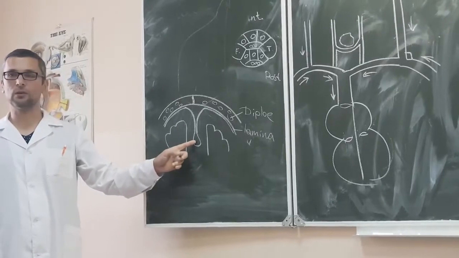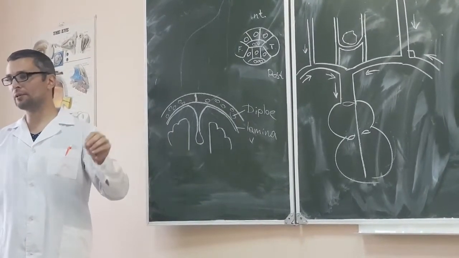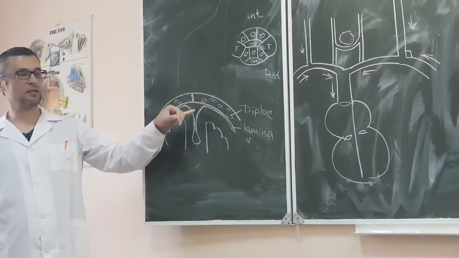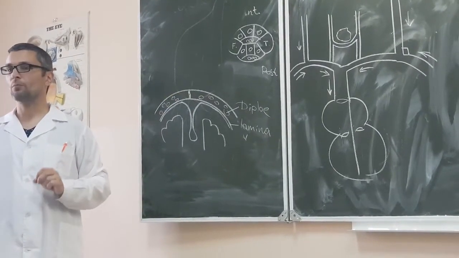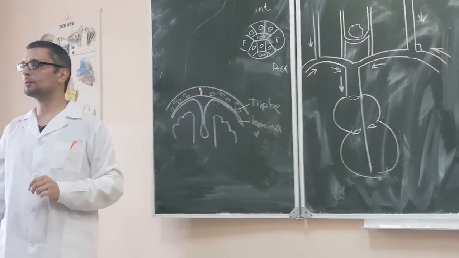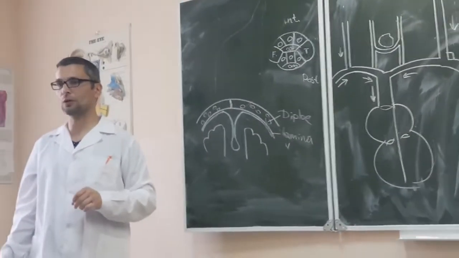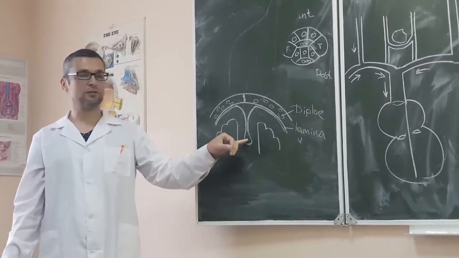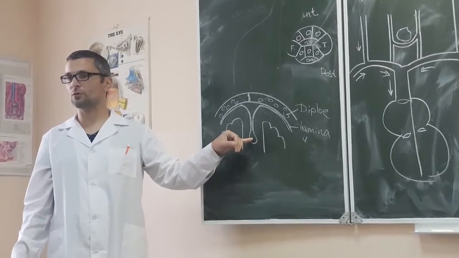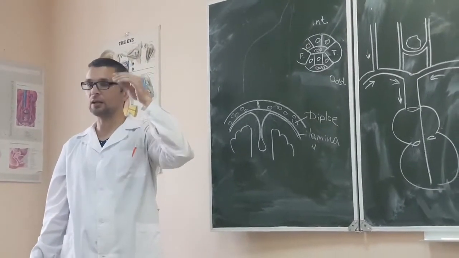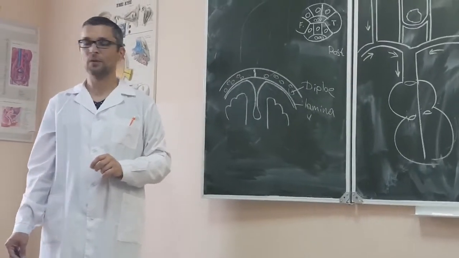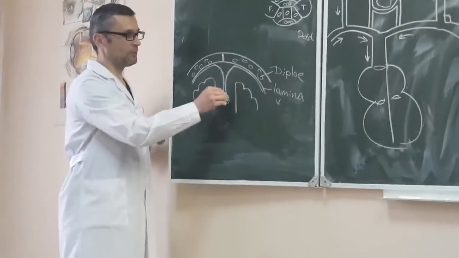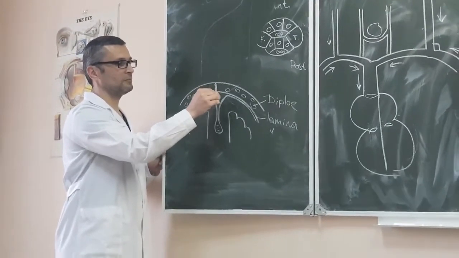The first cavity is this one, which is formed by only dura mater, and the other cavity is this one, which is formed by dura mater and bone. Both cavities are called sinus of dura mater. This sinus is called sinus sagittalis inferior because it passes sagittally and is below. This one is sinus sagittalis superior. Both of them are filled by venous blood.